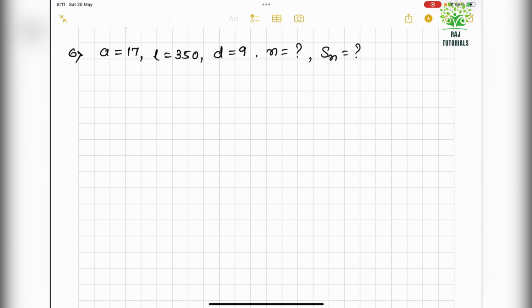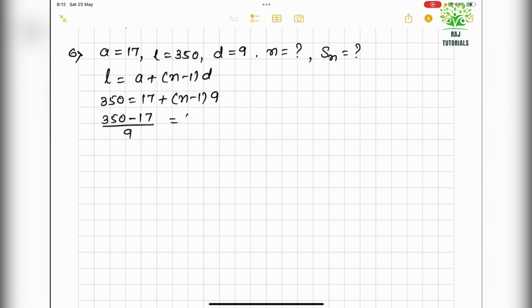So we know that L equal to a plus n minus 1 d. So 350 equal to 17 plus n minus 1 into 9. So 350 minus 17 upon 9 equal to n minus 1. So n minus 1 equal to 37. So n equal to 38.